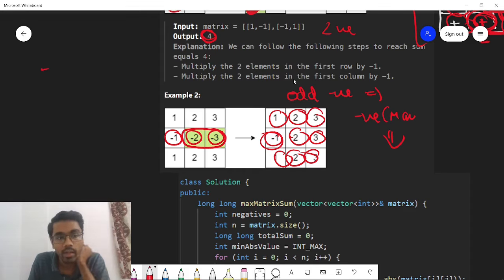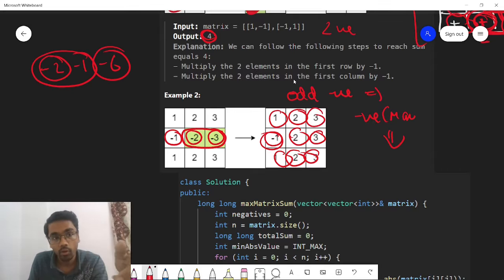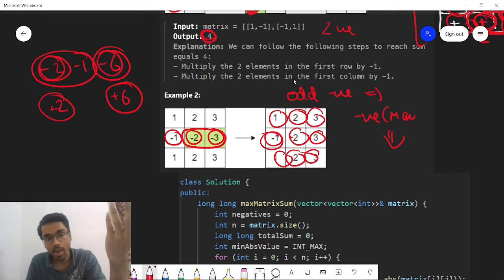Because if you have negative numbers as -2, -1 and -6, you won't convert these two negatives to positive. Instead you will convert -6 and -2 to positive, because these have the larger magnitude even though they are negative. So after conversion this will become +2 and +6. So this higher magnitude can contribute more to our total summation.